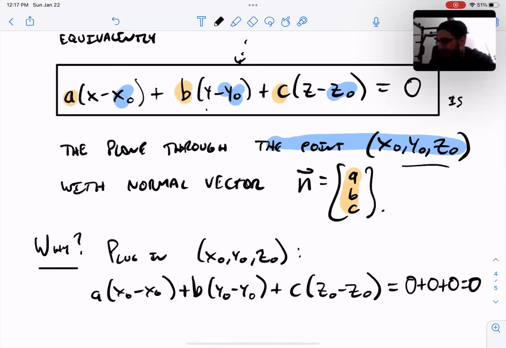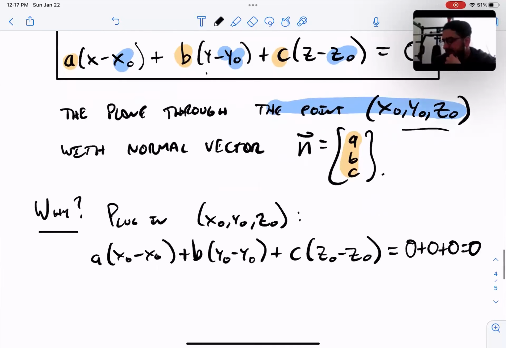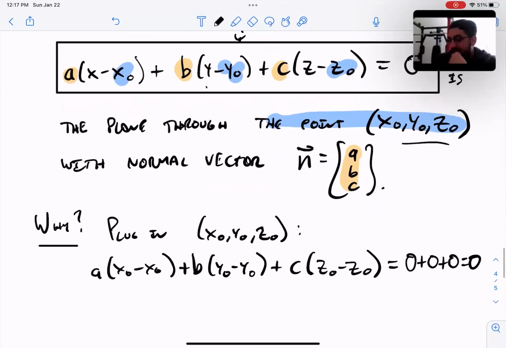So to show that that plane contains that point is not too bad. You just plug the point in. Now, to show that it has this n as the normal vector, that's significantly more difficult, right?